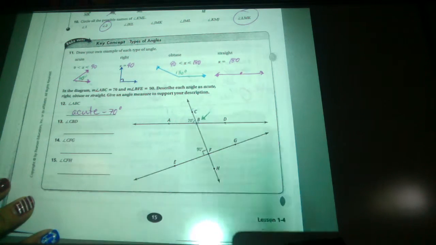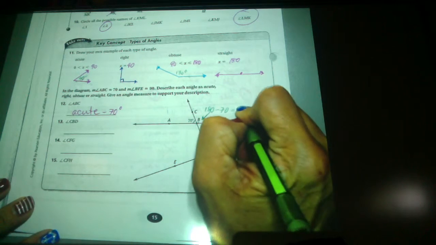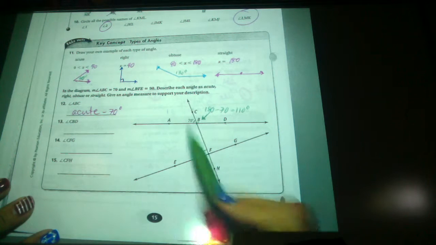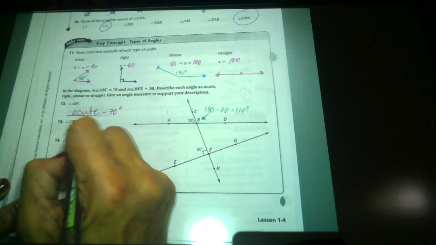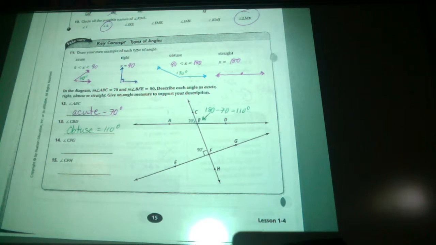So if I know that that's 70, this is 180 minus 70, which is 110 degrees. So if that's 110 degrees, then I know that has to be an obtuse angle. So I'm going to use my knowledge that a straight line adds up to 180 degrees. You have to be able to see it, and this is where your spatial reasoning comes into play.